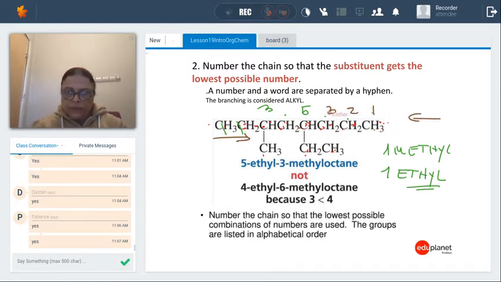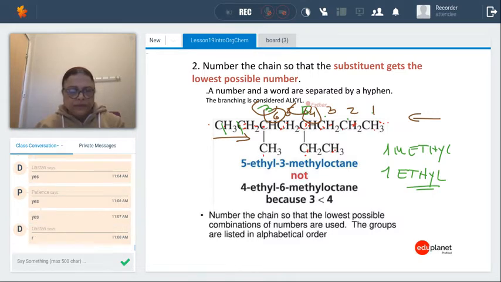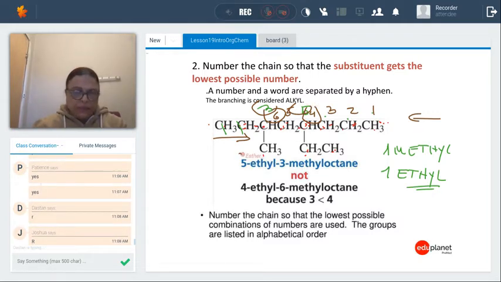1, 2, 3, 4, 5, 6. So are the two branchings at 4 and 6 or at 3 and 5? It will be at 3 and 5, because if you add these two numbers together, they give you 8, and if you add these two numbers together, it gives you 10.